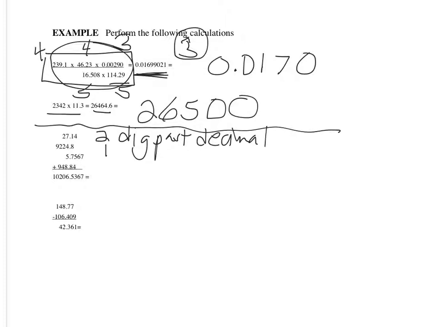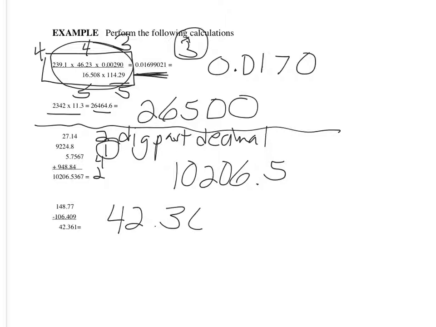Here we have 1, here we have 4, here we have 2. So based on that, we need to round our answer to 1 digit past the decimal, so it becomes 10206.5. And finally, go through that same thought process, and you should get 42.36 on the next one.